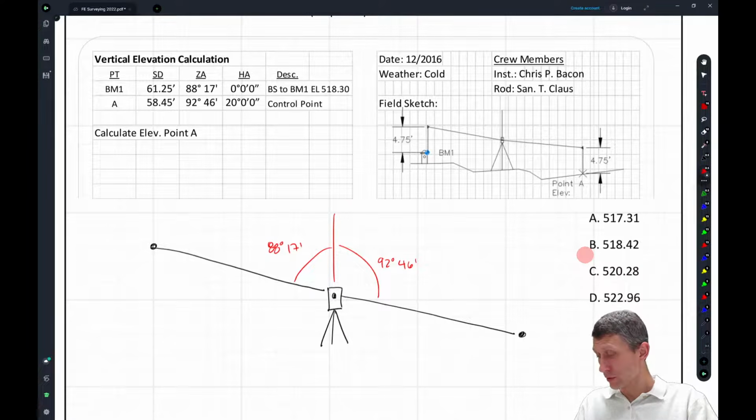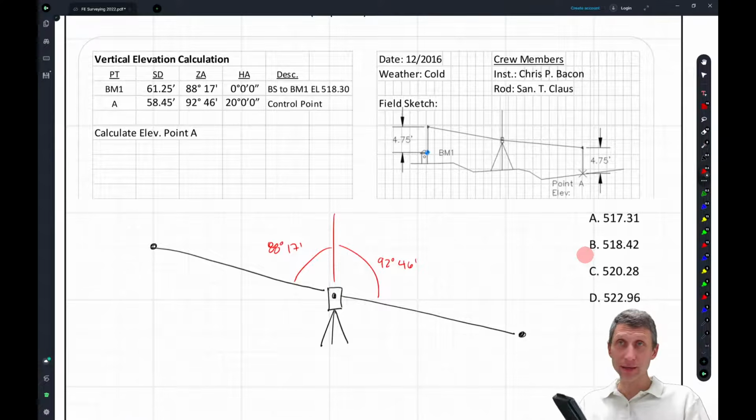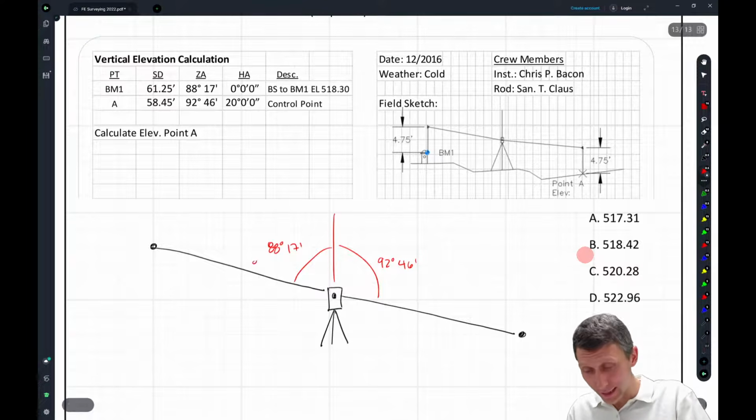So how does that work here? We have to make sure we convert our angles. Let's do that quickly. I'm going to use math, DMS, degrees, put in 88 degrees, then 17 minutes. Once I have 88 degrees, 17 minutes in my calculator, I hit enter and I get 88.2833 degrees.